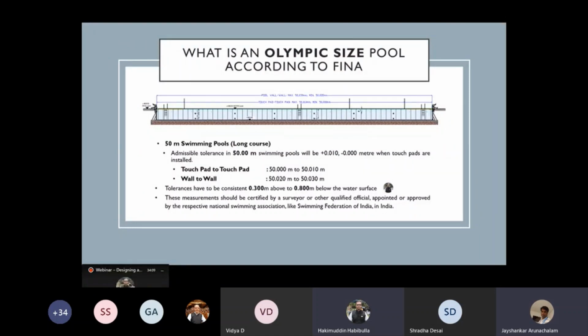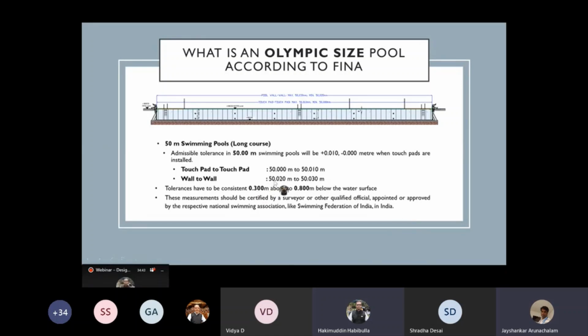So this slide gives a little more detail as per FINA. I'm sure some of you might be aware of it, and for some of you it may be new. When we're talking about the measurement of the tolerances required for 50 meters, it's touchpad to touchpad, because you have to anticipate timing systems, and the timing systems should not exceed 1 centimeter on either side.